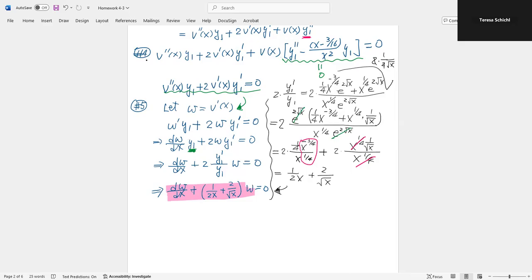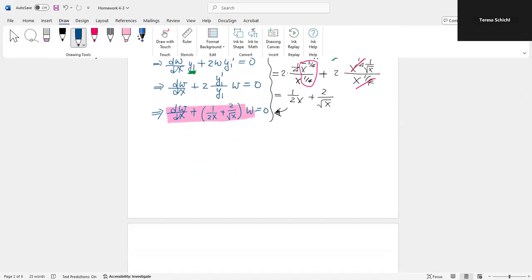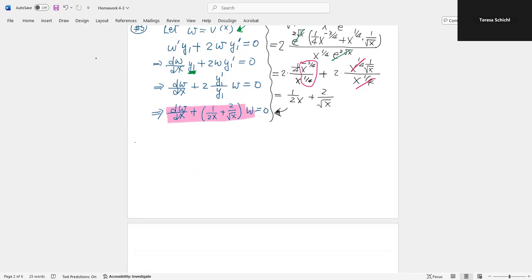So now we can use the next steps here. The next step is finding the integration factor, because now I have a pure first order differential equation, right? So step number 6, we are finding the integration factor.